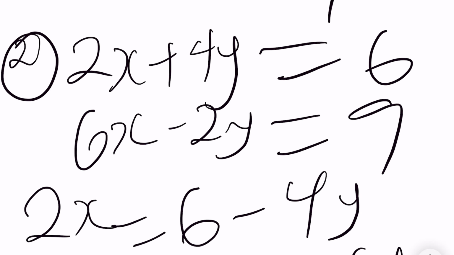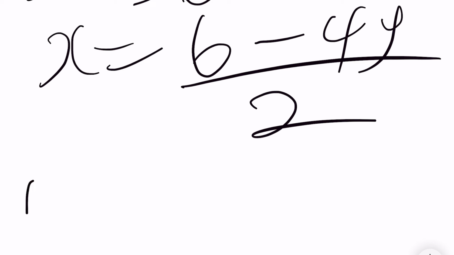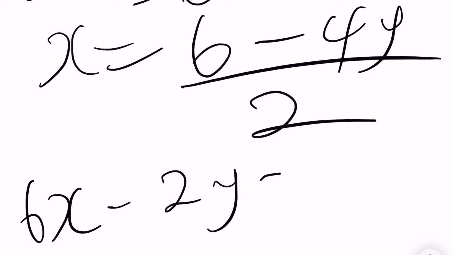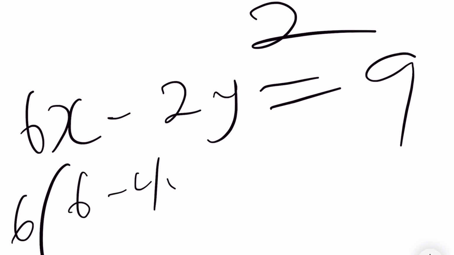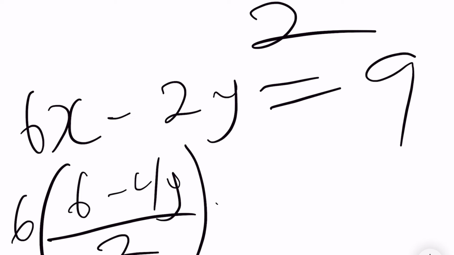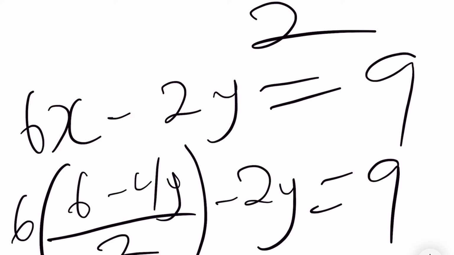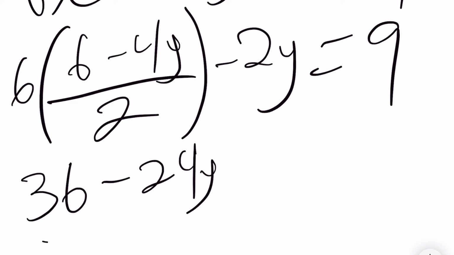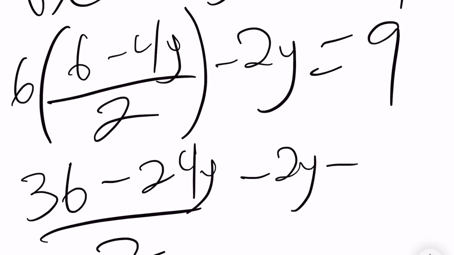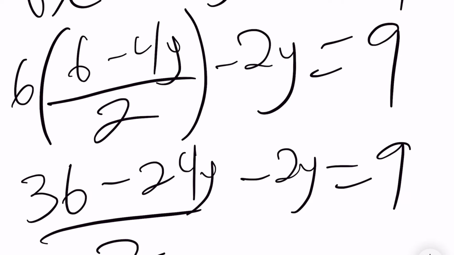Now, we input it into the second, where we have 6x minus 2y equals 9. So we have 6 into bracket 6 minus 4y over 2 minus 2y equals 9. So we have 36 minus 24y over 2 minus 2y equals 9.